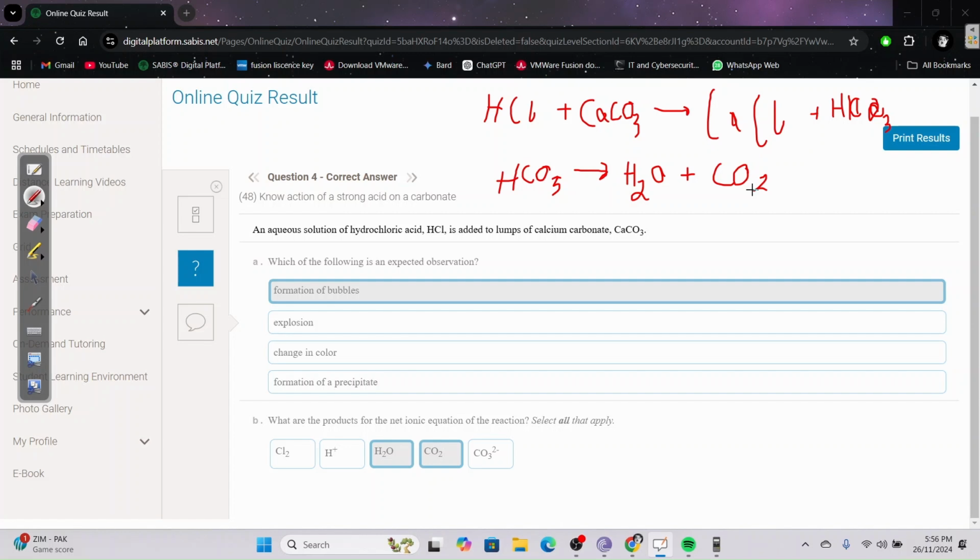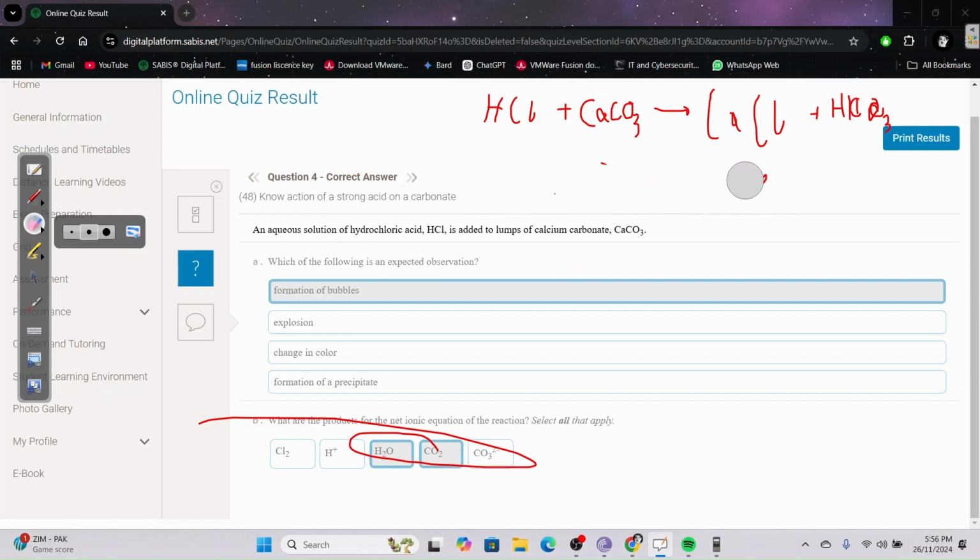What are the products for the net ionic equation of the reaction? H2O and CO2. Those are your final two. In the written part, I think you can directly skip the HCO3 and just write H2O and CO2 if they give it to you, but I don't think they'll even bring this in the written part.